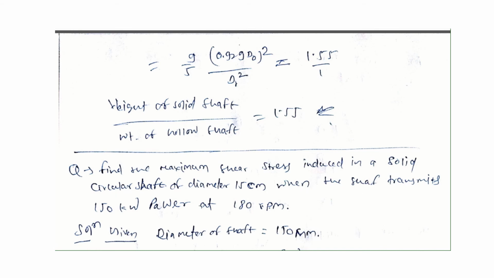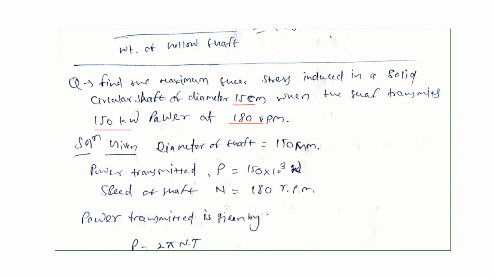Now the next question is: find the maximum shear stress induced in a solid circular shaft of diameter 15 centimeter when the shaft transmits 150 kilowatt power at 180 rpm. Here the rotation n is given, the diameter of the solid shaft is given, and the power is given. We know power in terms of torque, so we first find the torque.